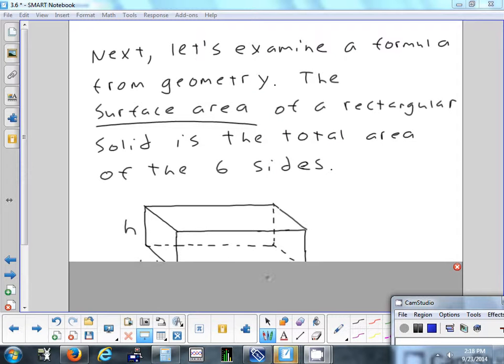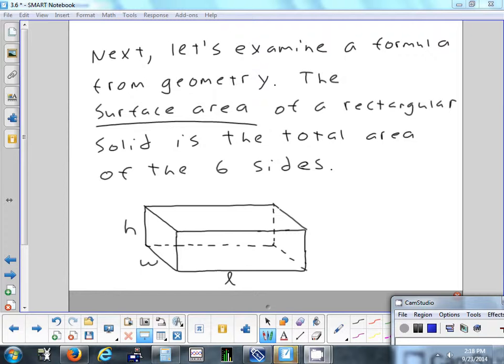All right, so when you're finding the surface area of a rectangular solid, what that basically means is if you were going to build this box, what's the area of each side of it? Add it up. Okay, Justin, how many sides are there in this shape? 6 sides. Okay, so it's got a top, a bottom, front, back, left, right.